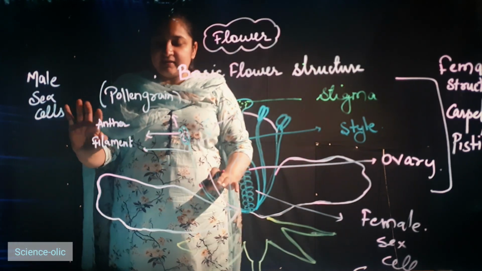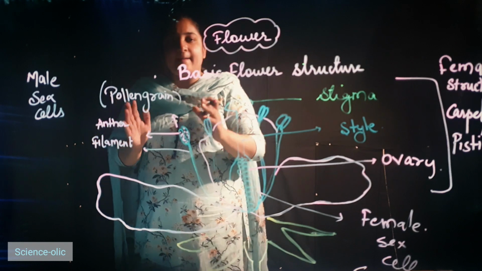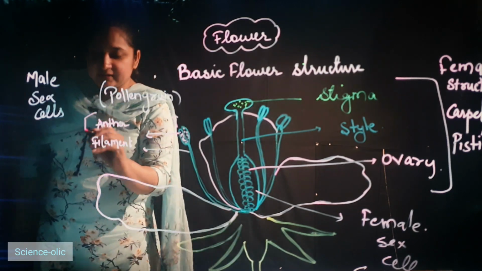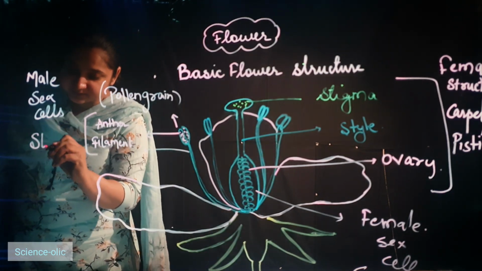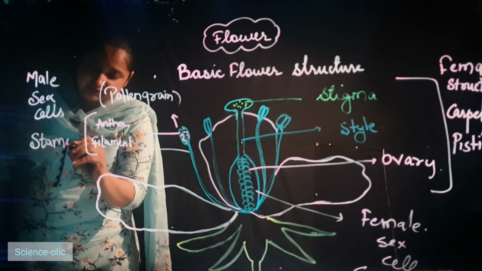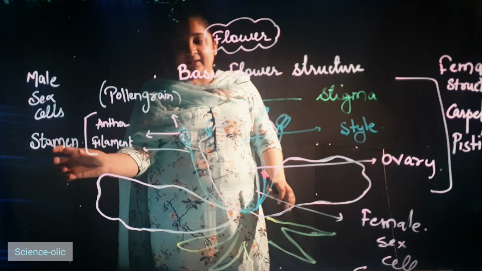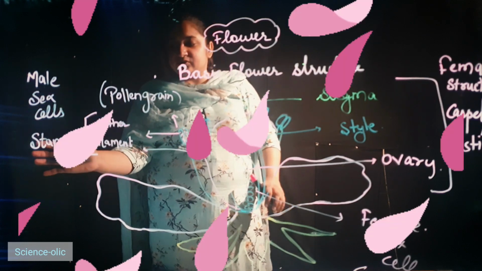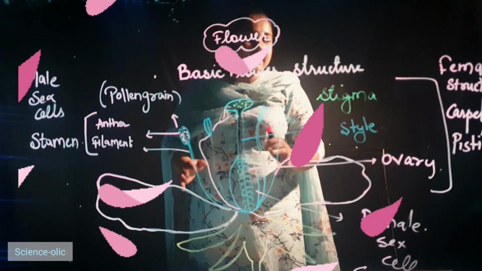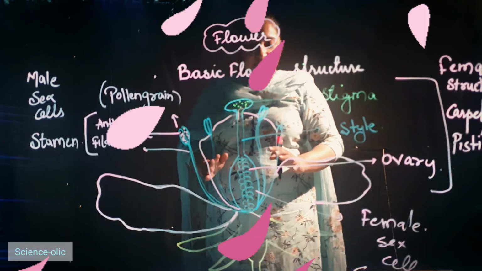Anther and filament are part of the male, and together they are known as stamen. You can remember it from male. So stamen is the male part and carpel is the female part.